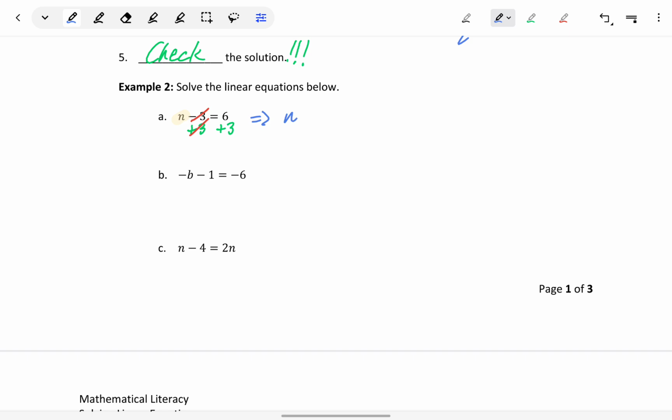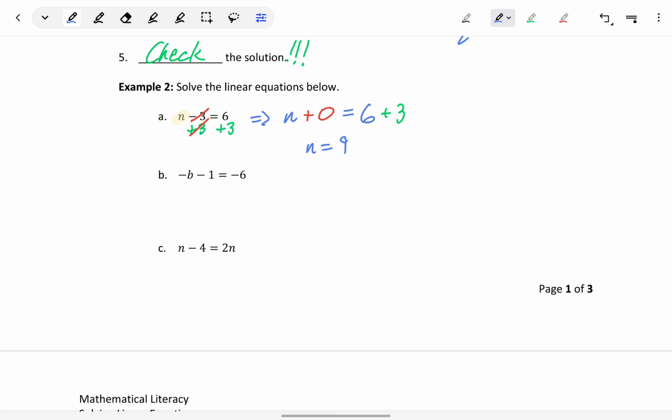So we'll be left with n, and just to put it in here as a placeholder to see what happened, plus 0 will be equal to the sum of those two values on the right-hand side. So that will be 6 plus the 3 that we added, giving us n is equal to 6 as our solution. Or I'm sorry, not n is equal to 6. N is equal to 9 as our solution once we add 6 and 3.